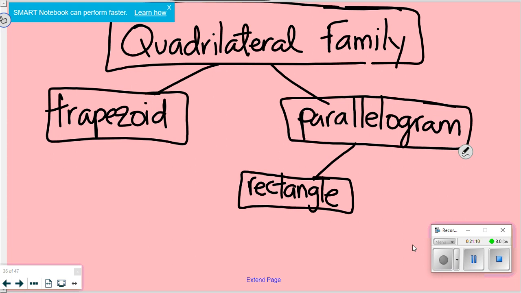So I could be a special parallelogram with square corners, and you would call me a rectangle. Now parallelogram had another kid. This kid didn't have to have square corners, but it did have to have all equal sides.